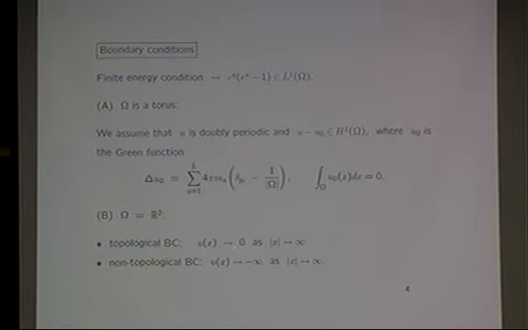The other one tends to minus infinity as the modulus of x tends to infinity. In this case, the solution structure for topological solutions is rather simple. At the end of my talk, I would like to mention briefly some existence results on non-topological solutions.